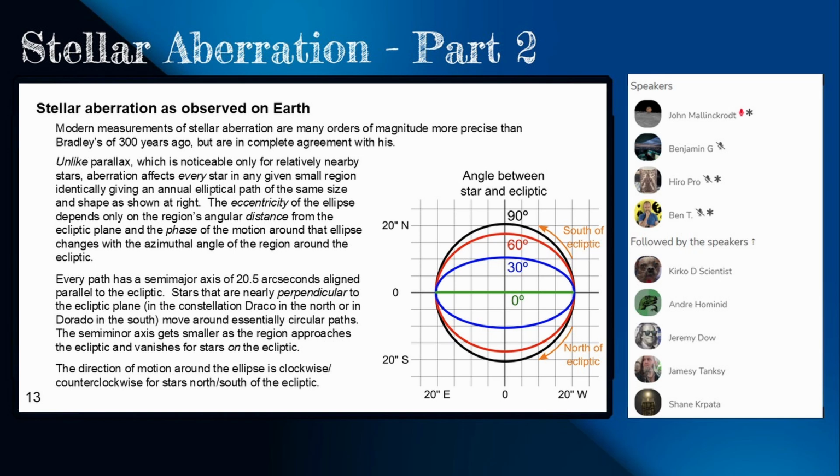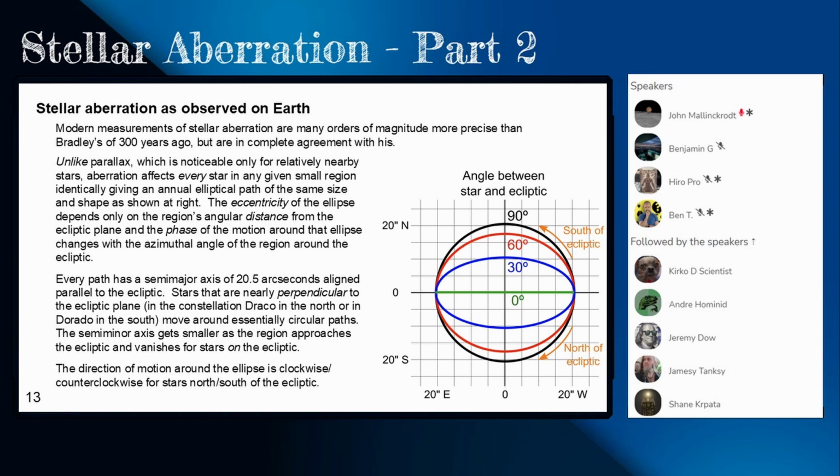So stars in the constellation Draco execute nearly perfect circles with what's called the aberration constant as their radius. We now know it to be 20.4995 seconds of arc. 20.5 arc seconds will be good enough.